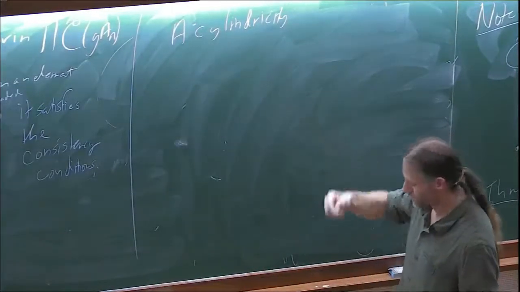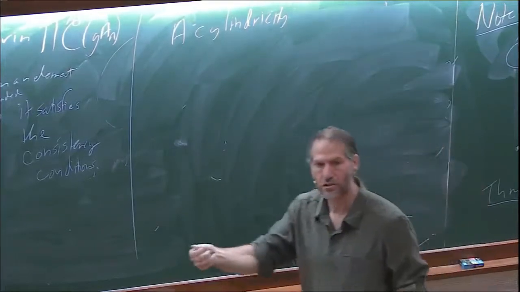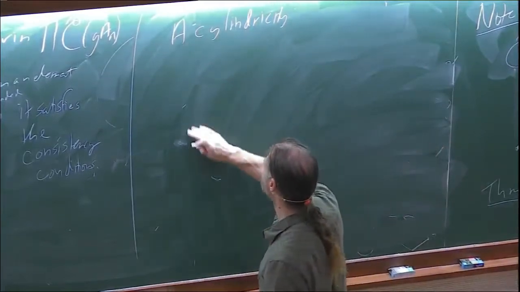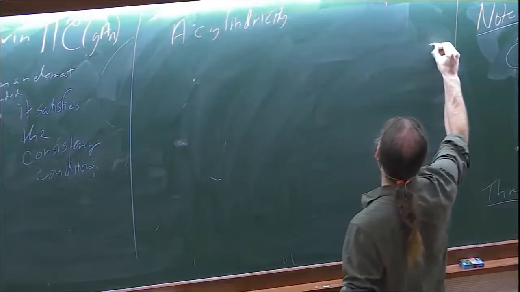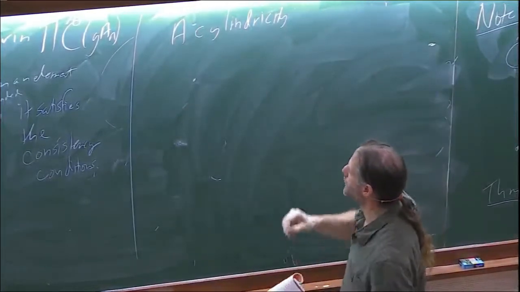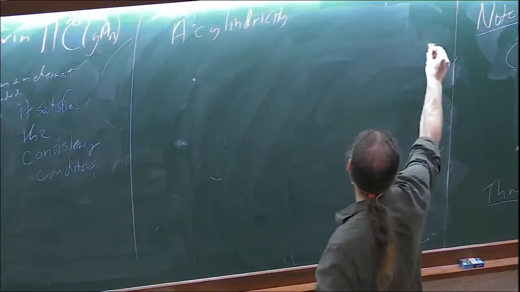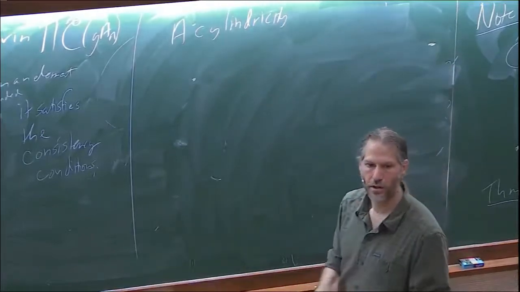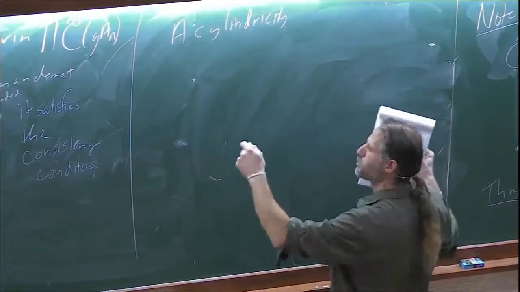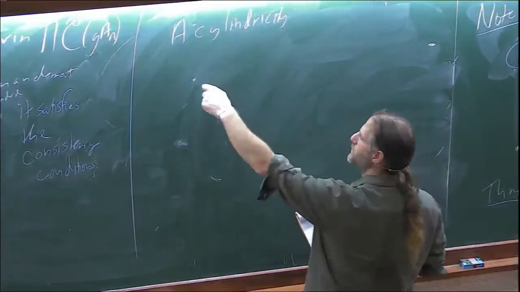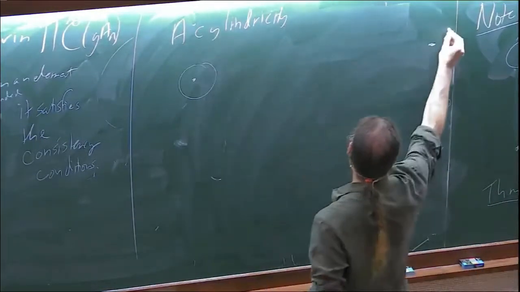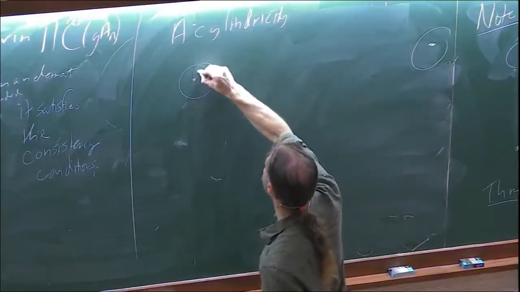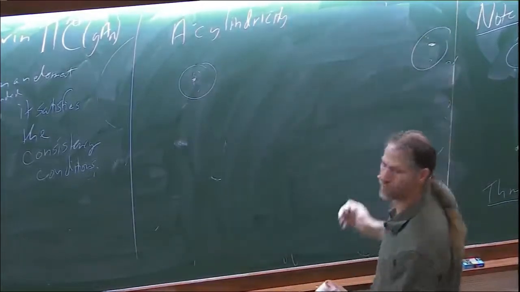Okay, so what does acylindricity mean? A group acts acylindrically on a space if it has the property that for any pair of points that are far enough away, you want to know how many elements coarsely stabilize those points. So it doesn't move x very far and it doesn't move y very far. How many elements don't move x very far while simultaneously not moving y very far?